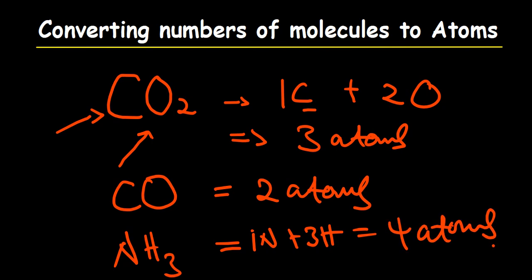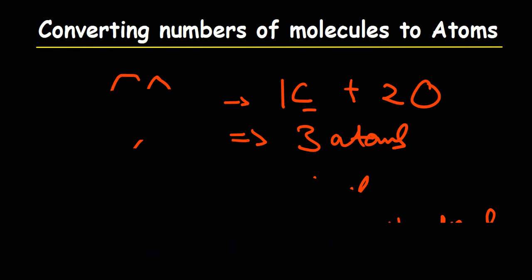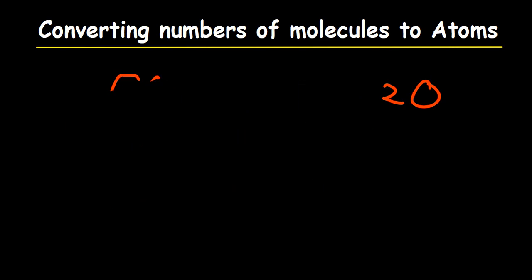So when you are converting the number of molecules to the number of atoms, it will depend upon the molecule that you are dealing with. Let's give an example of us trying to convert from molecules to atoms.